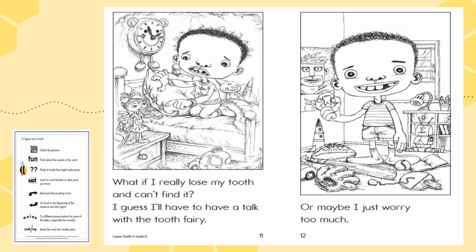Look what happened. He spent this whole story worrying about all the different ways his tooth might fall out. His friend might pull it with a string while he rides the bus. He might trip on the sidewalk and ants might take it.